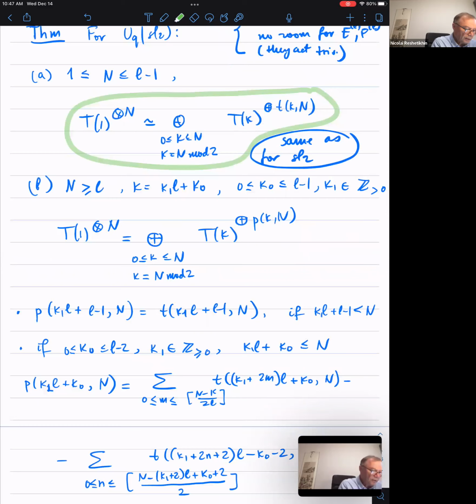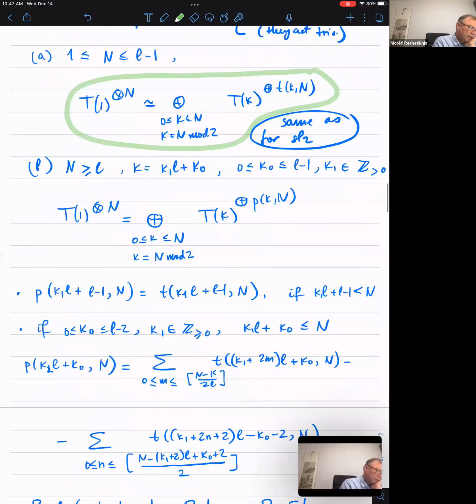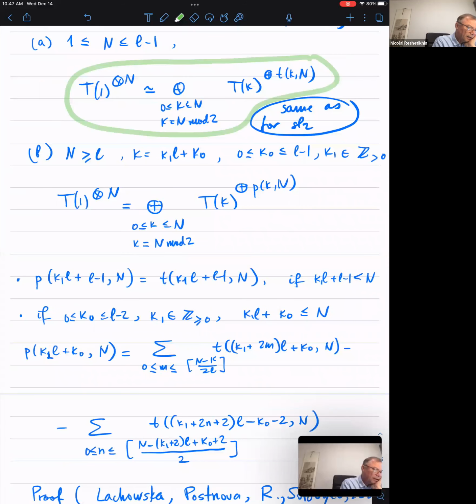The reason for this is very simple. In this tensor product, only irreducible representations with weights between 1 and L minus 1 will appear, and the branching rules for these representations are the same as for SL2. So it doesn't matter.